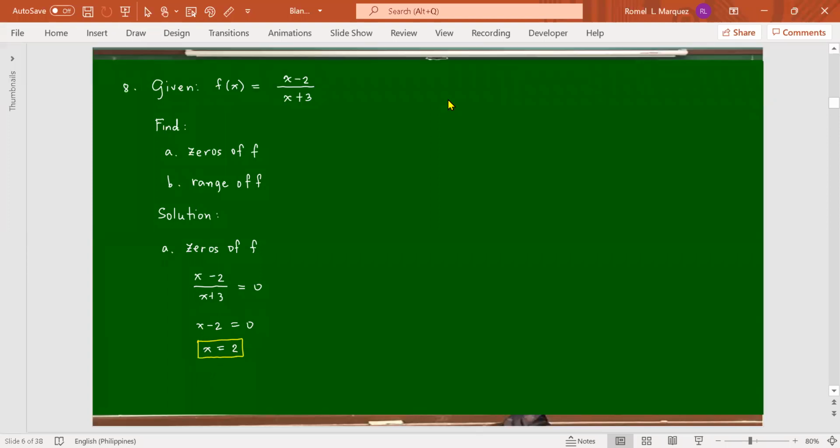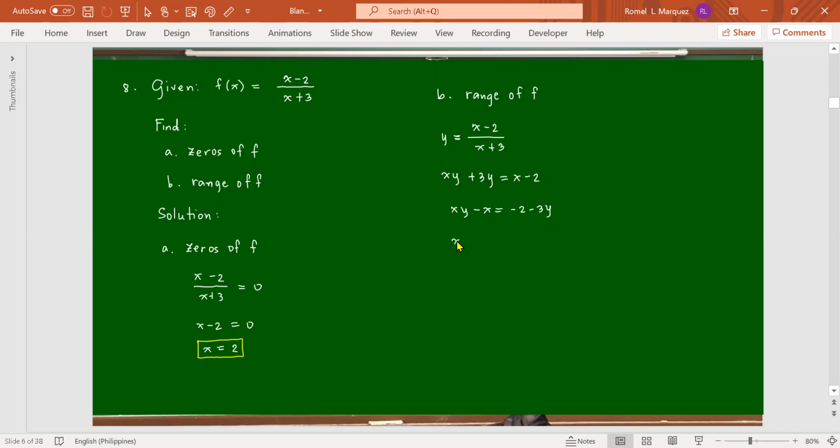Letter B, for the range of f. Now to get the range of f, let f of x be equal to y. And then we try to solve x in terms of y to get the restriction on y. So we have xy plus 3y is equal to x minus 2. So getting x, y minus x is equal to -2 minus 3y.